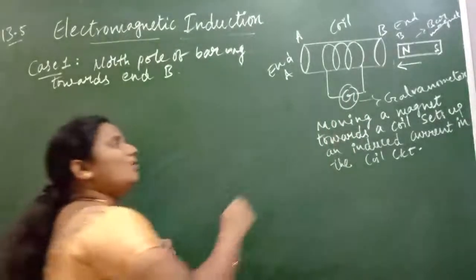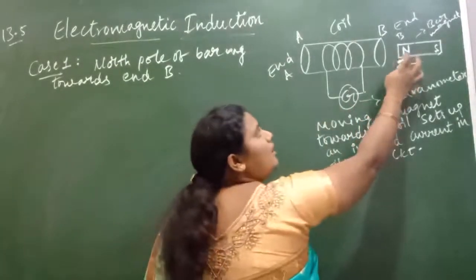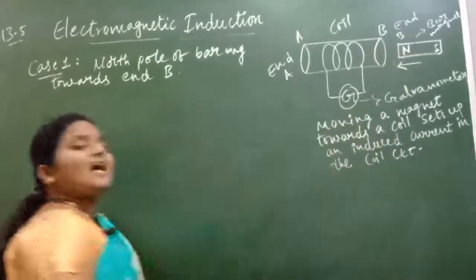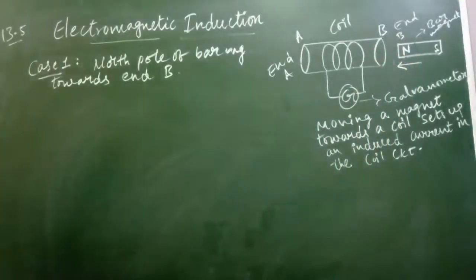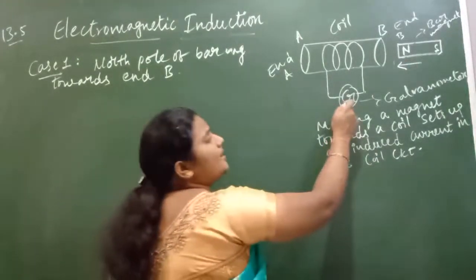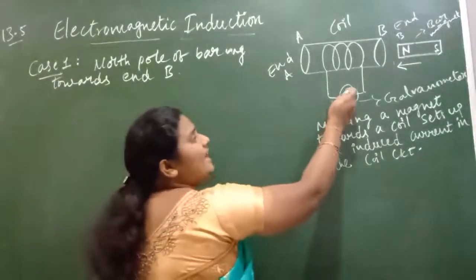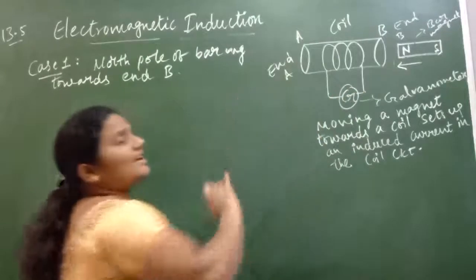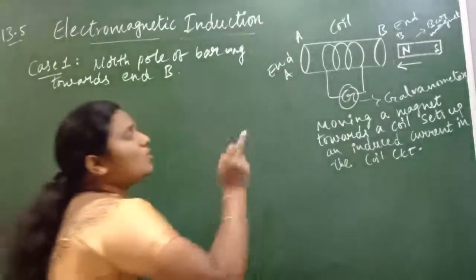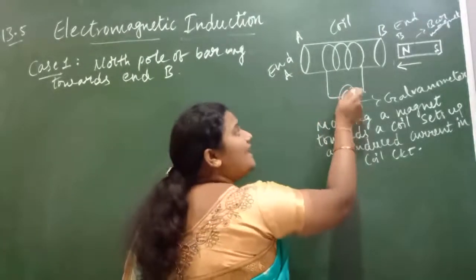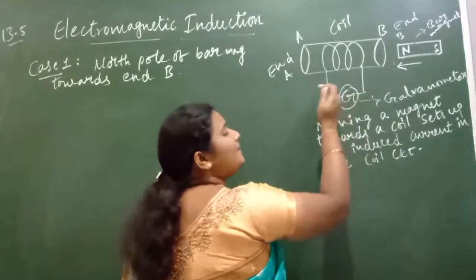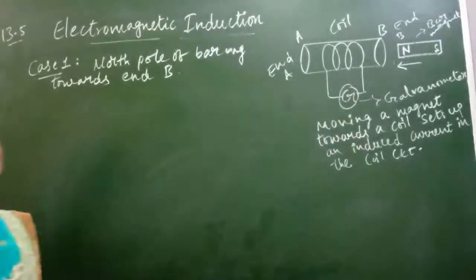So children, what happened when we bring a north pole of the bar magnet towards the end B of the coil? It has been experimentally found that, children, this galvanometer started deflecting. Understanding, children? This pointer has deflected towards right. It has shown a momentary deflection. It has deflected to right and immediately it comes back to the 0 mark.